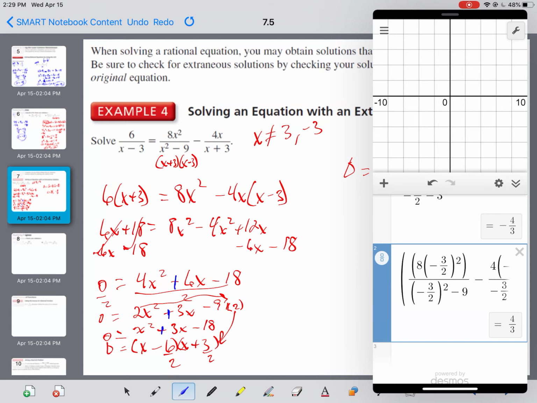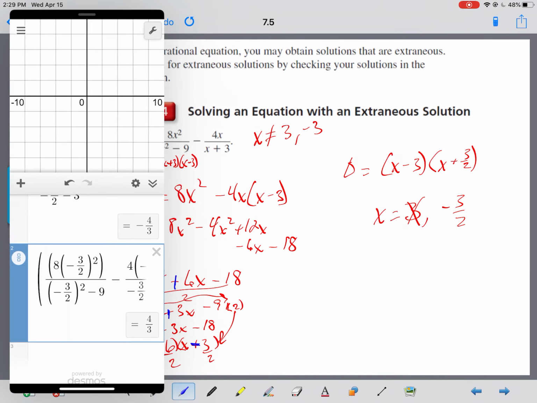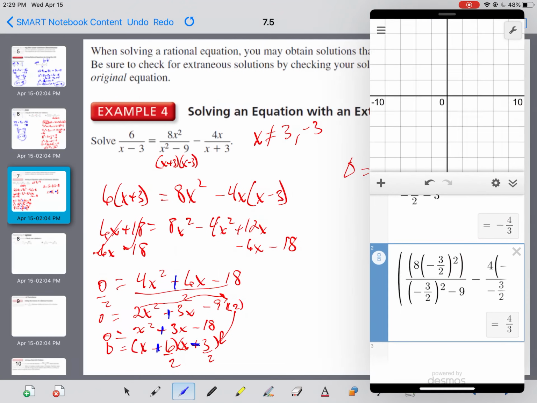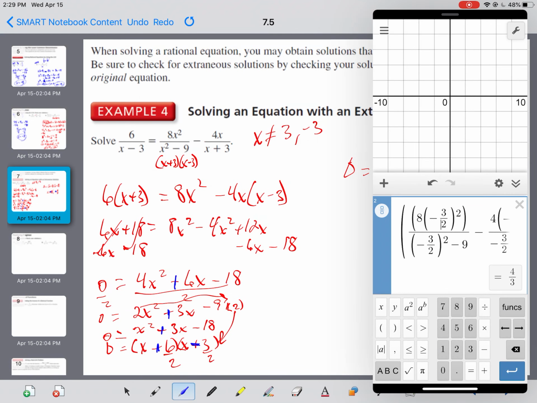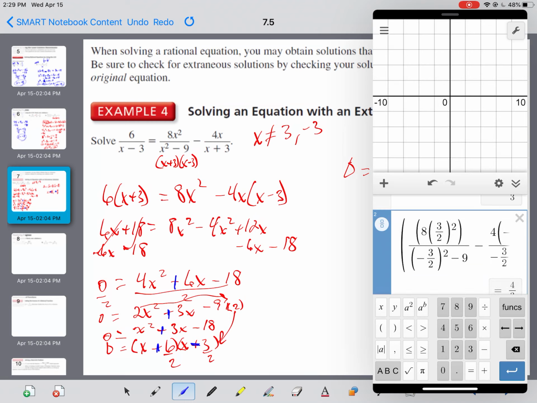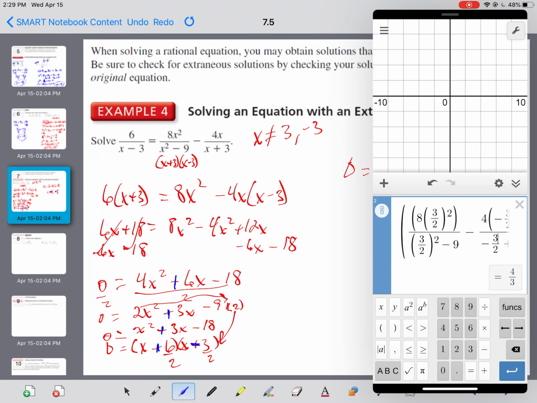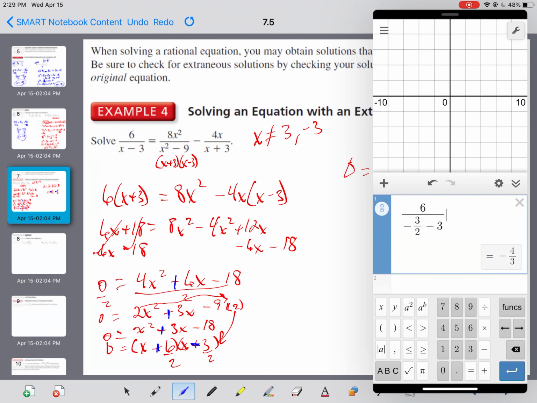Let's see what happened. Where's my x bar? Oh, look at that. Here's my correction. It's still wrong. And so now I've got to just take off all those negative signs.